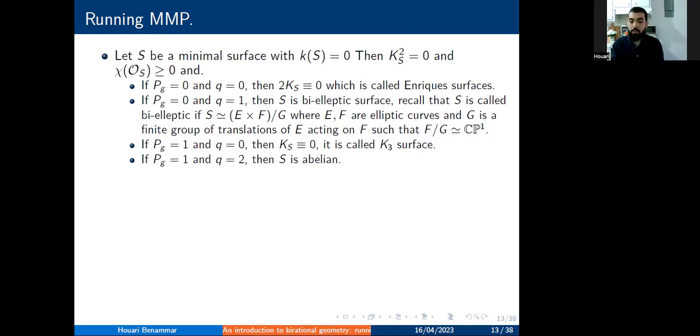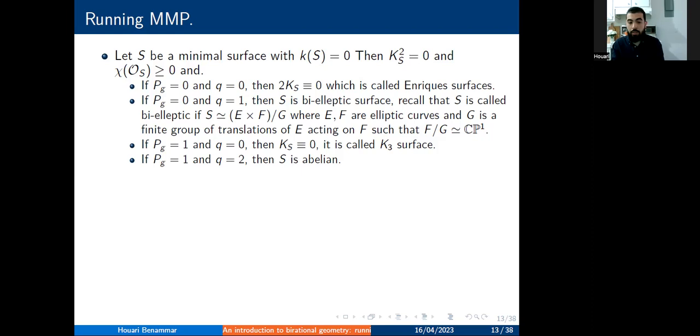The geometric genus means exactly the H2 of the trivial bundle. So if this invariant is equal to 0 and the irregularity is 0, where irregularity means H1 of the trivial bundle, then the surface is an Enriques surface.